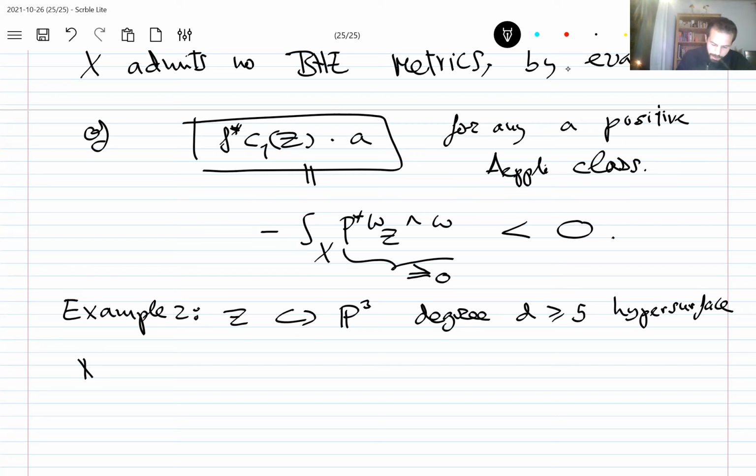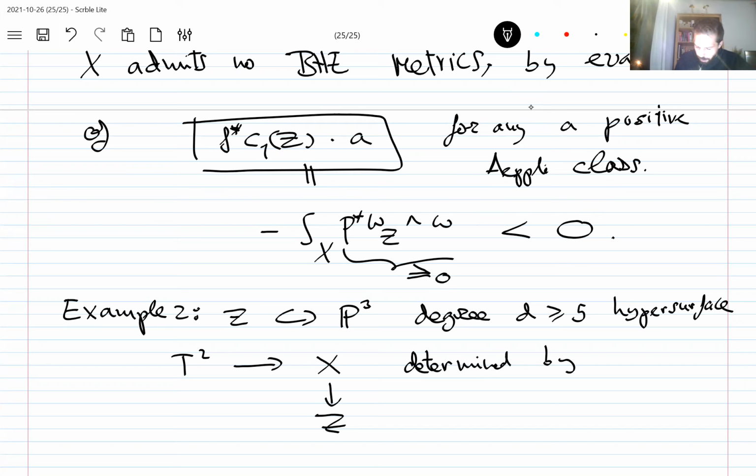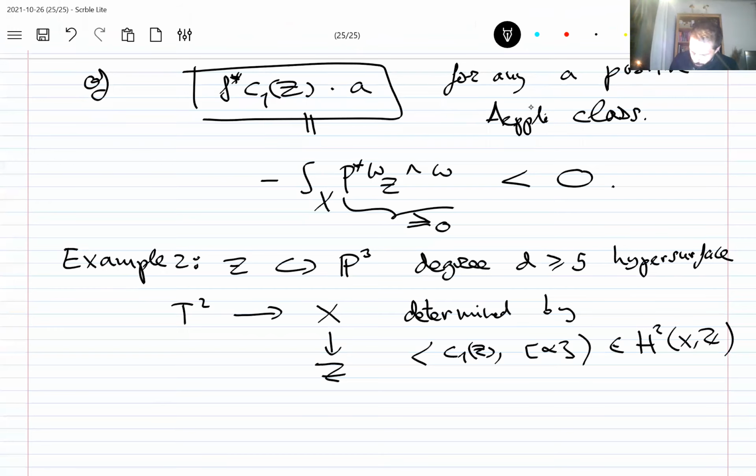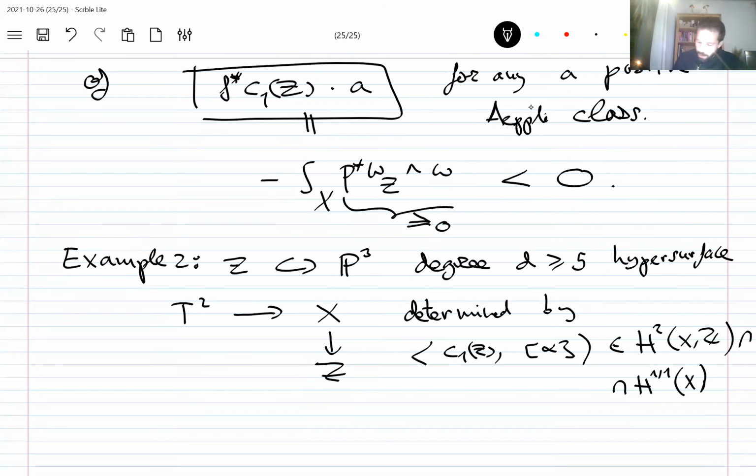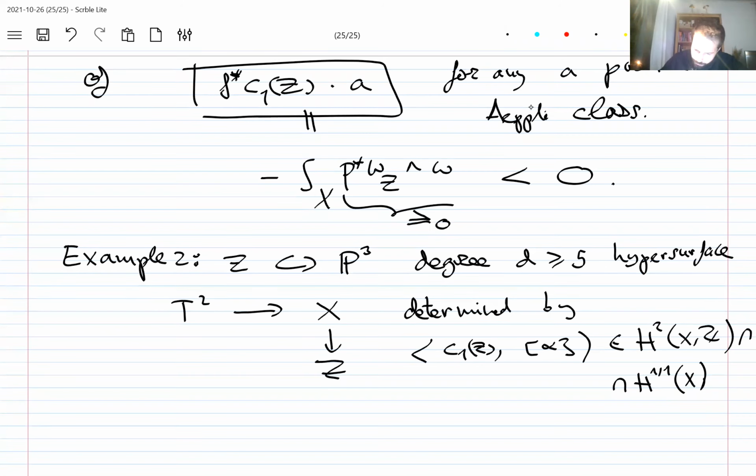Then you take X to be a T2 fibration over Z, which is determined by the first Chern class of Z and some class alpha in the integral homology, H1 of Z, sorry, this is Z. Again.